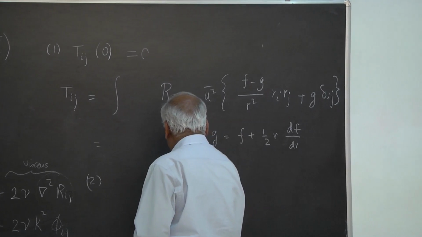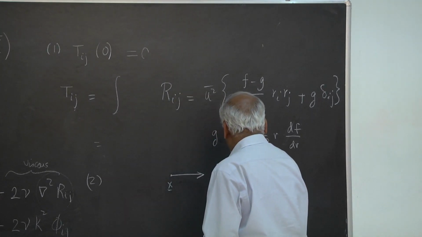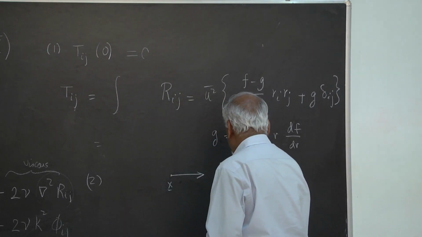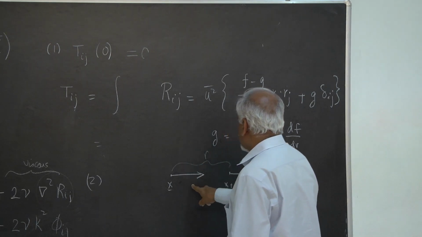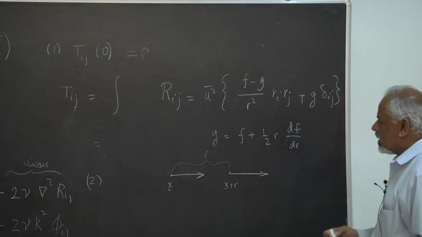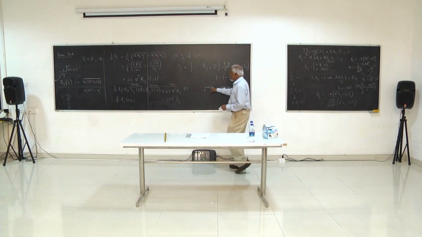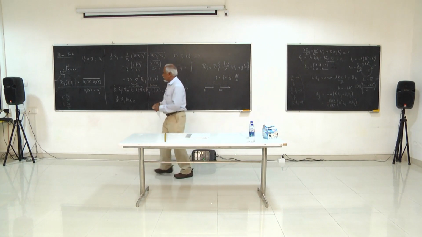I have a position x and then a position x plus r. So this being the separation distance, these are two velocities measured along the separation distance. It's not any arbitrary orientation like that.